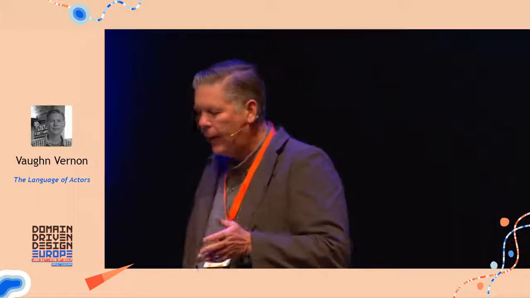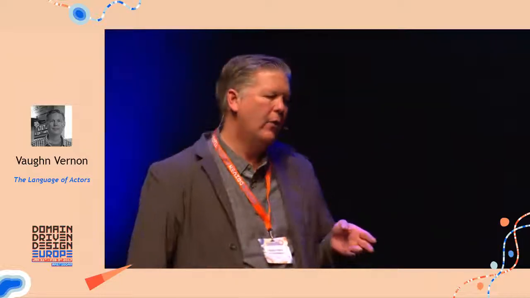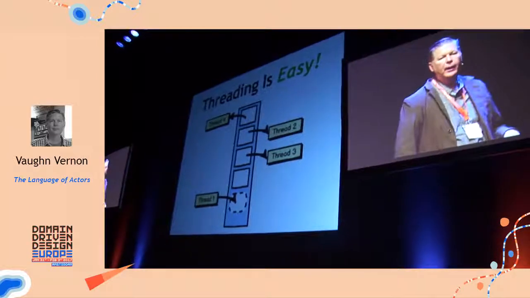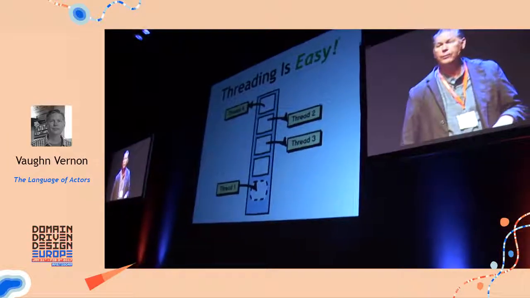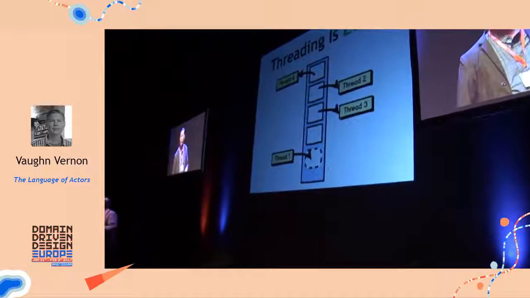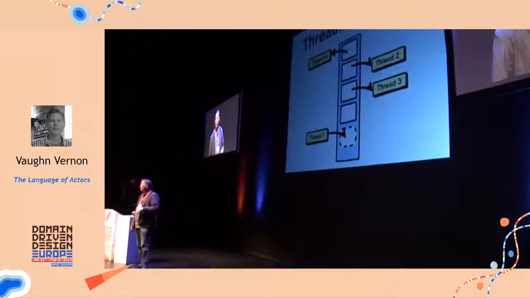But let's take this thought a step further and say, you know what? Actually, multi-threading is easy. I can create a simple work queue. I can feed new tasks into the work queue.